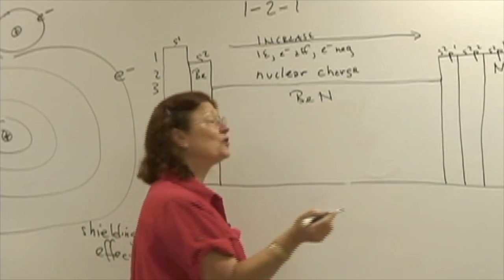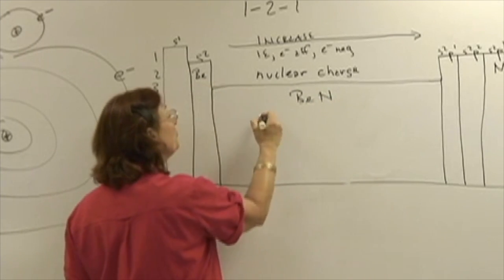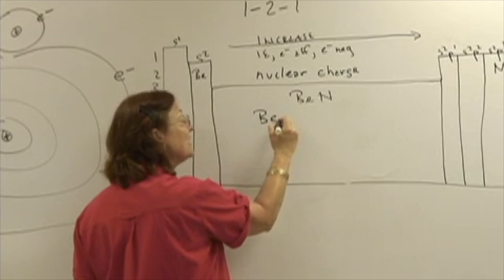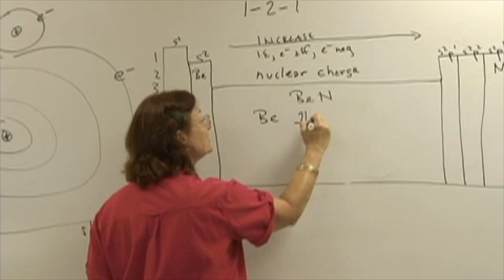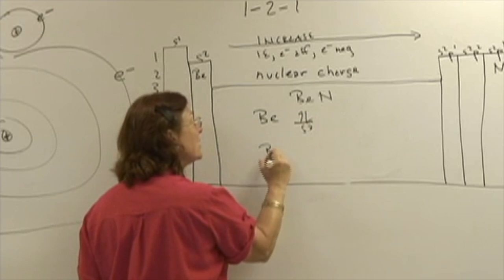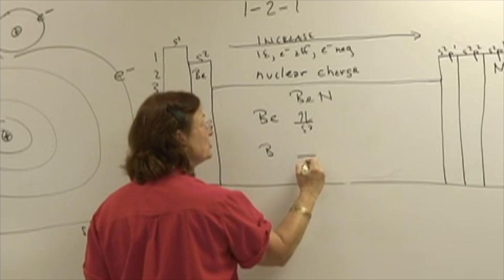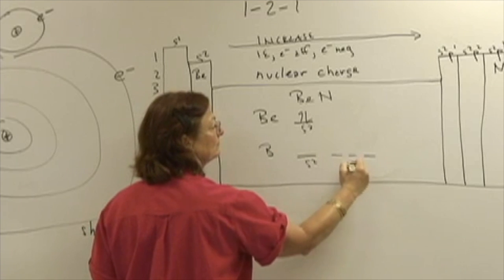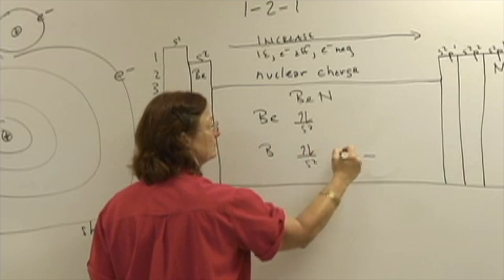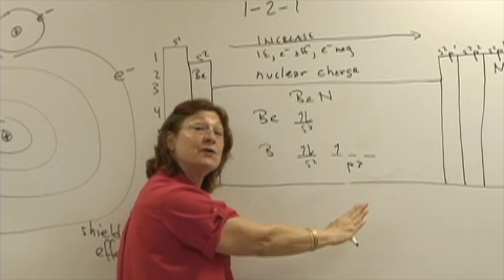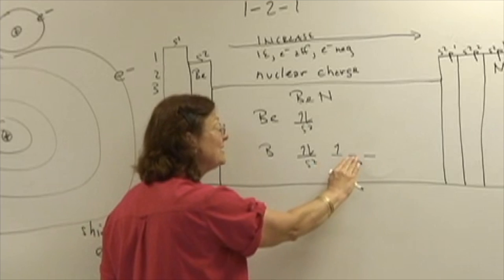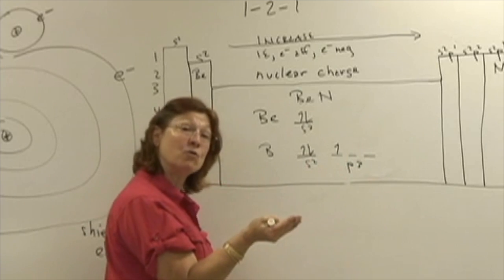And the first exception occurs with beryllium. Well, beryllium has an ending electron configuration of s2. It looks like this. Boron has an ending electron configuration of this. Now, when I do the orbital filling diagrams, it's important that you show each line because there are 3 p orbitals.